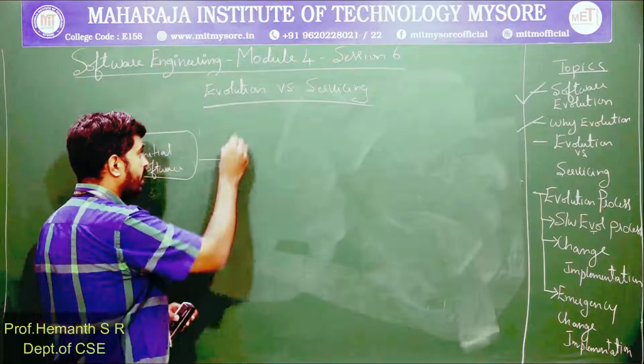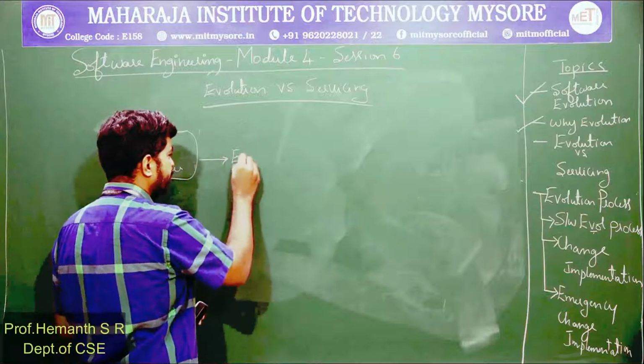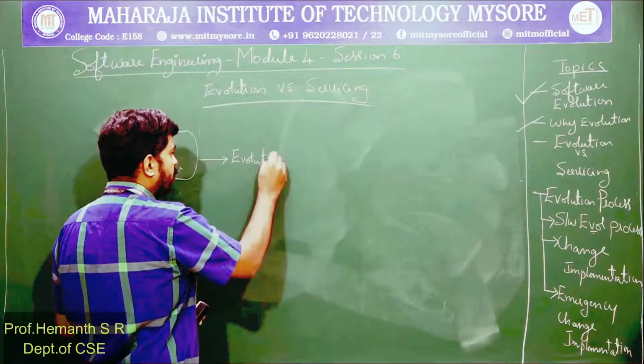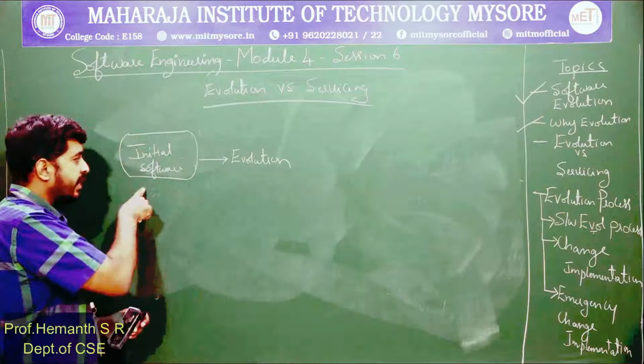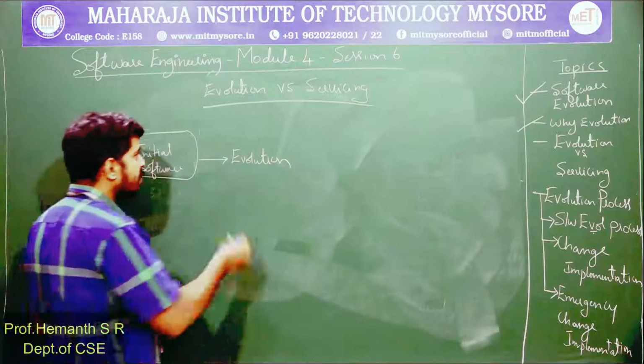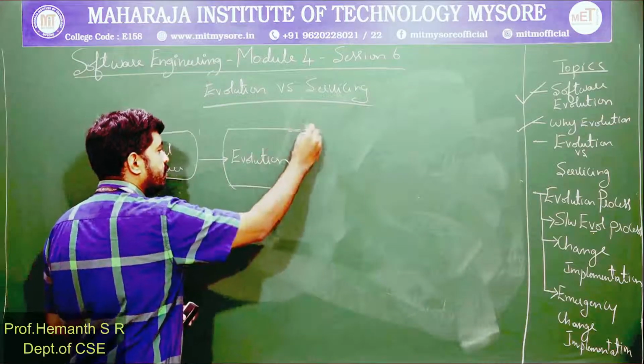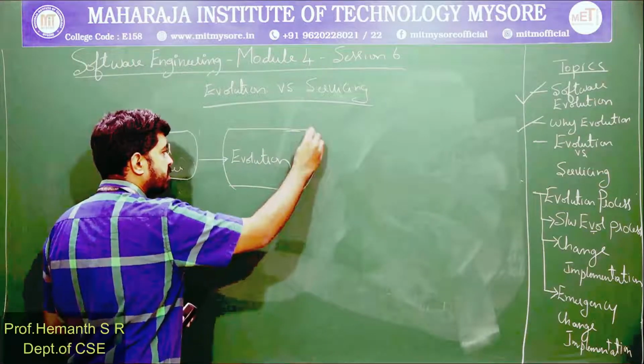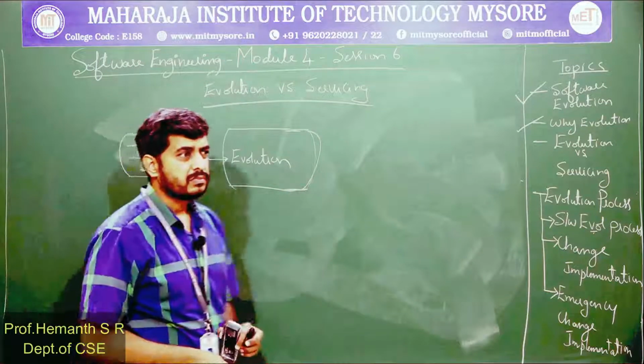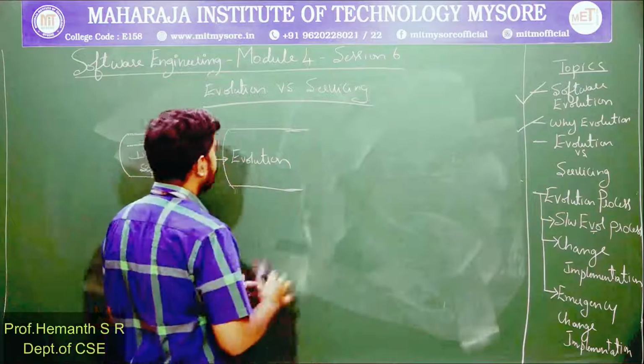So a software has entered into the evolution phase. The original software that was given to the client now needs to improvise, needs to evolve, needs to change. So it has entered into the evolution stage.